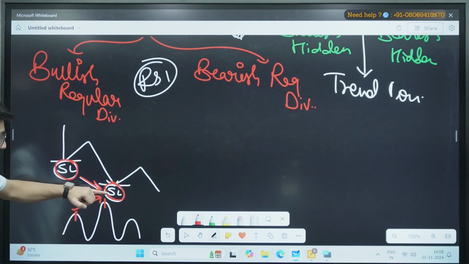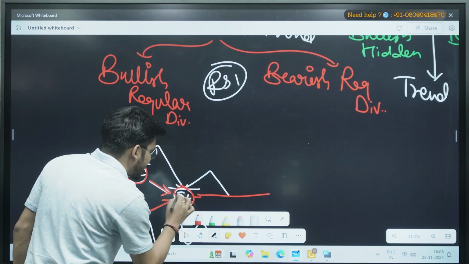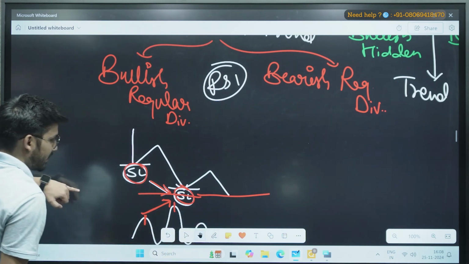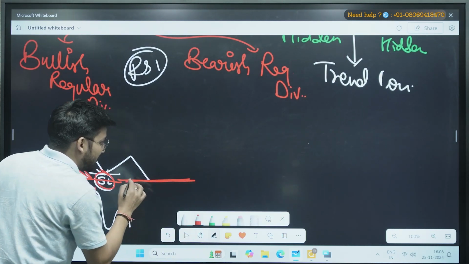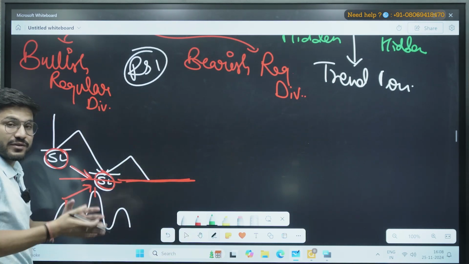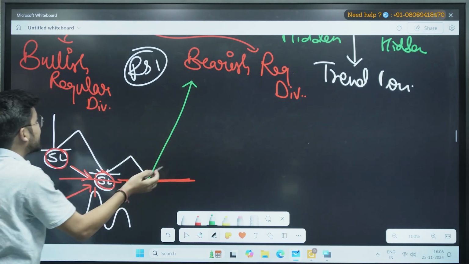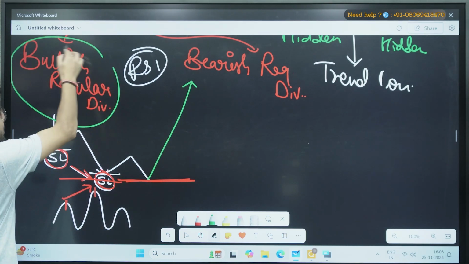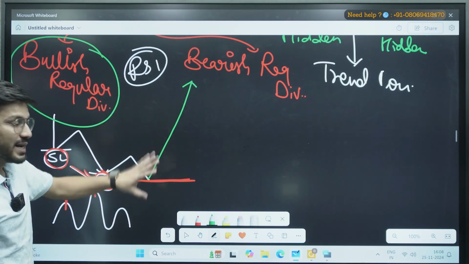So this suggests that at any point of time, if my market finds a good support, it will change its direction and reverse itself. Then my market will move in the upward direction. So this is what you call a bullish regular divergence, right?